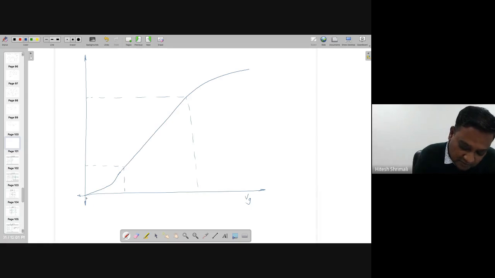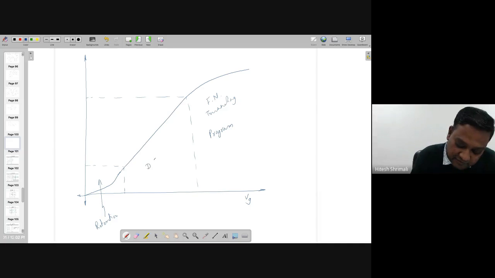So this is the current, this is the time when you are doing the retention, and here when it's FN tunneling happening with quite a high voltage than available VDD, then FN tunneling will happen, and you can program the device.